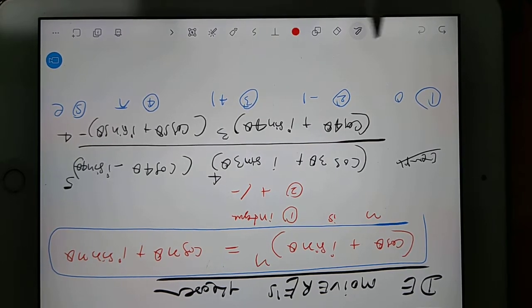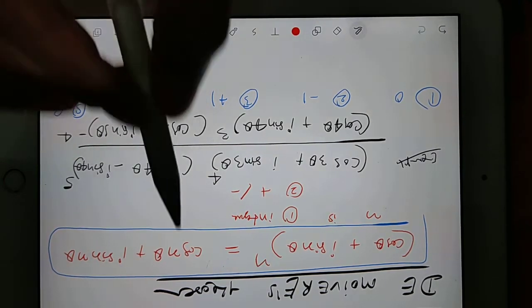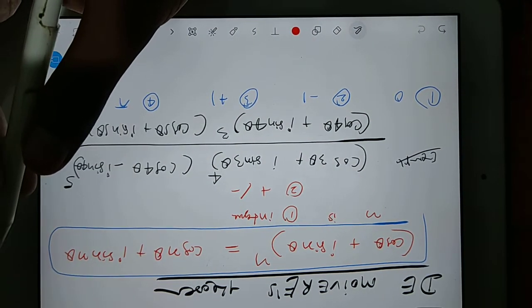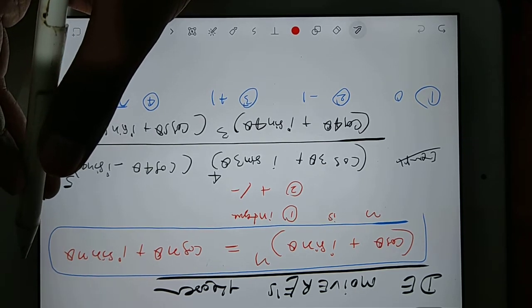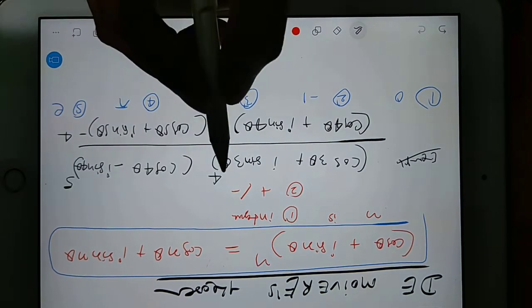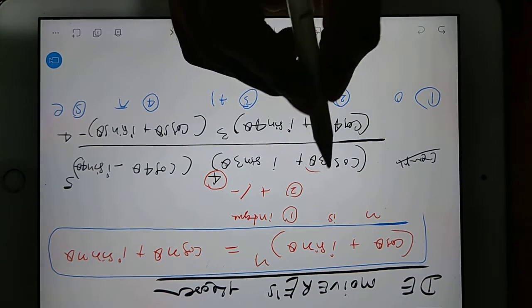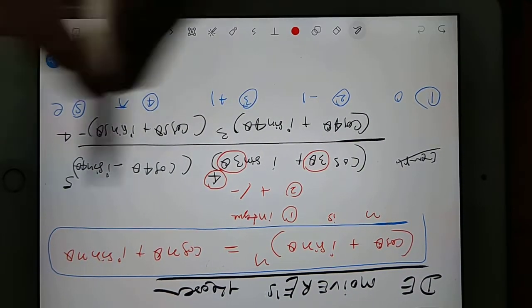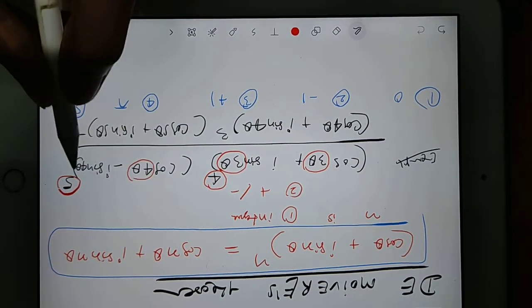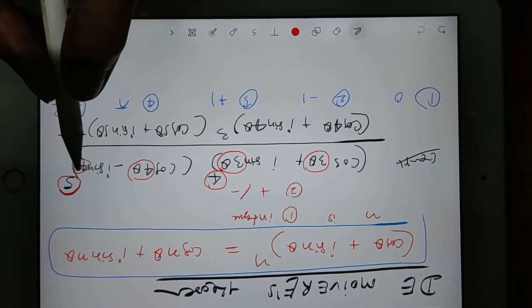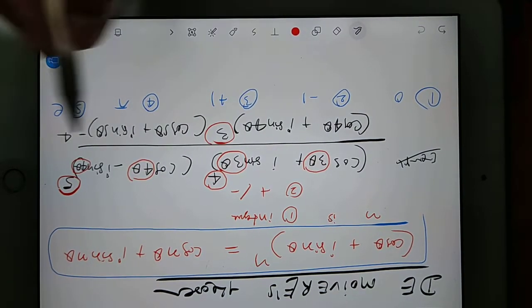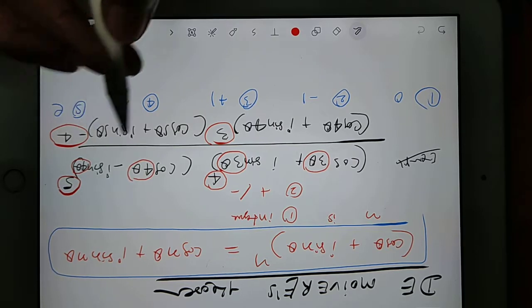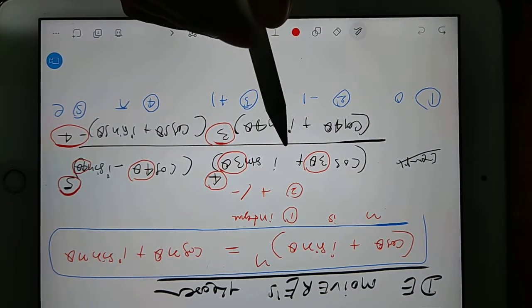So you see here, we will apply De Moivre's theorem. This 4 will come here in multiplication, this 5 will come here in multiplication. In same way, this 3 and this 4 will also come. So I will change the page and every term I will discuss in detail.